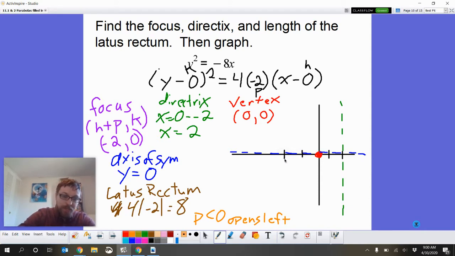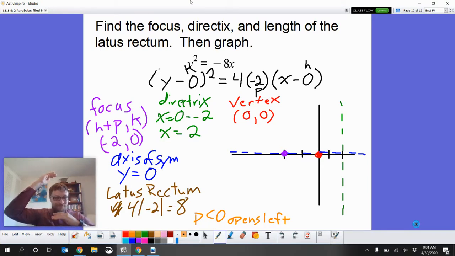And you don't have to do them in this order. This is just the order that I'm graphing them in. Doesn't super matter. Now, the length of our latus rectum is 8. And it should be equal. It's not that it's going to go up 8 and down 8. It's the full length of the latus rectum. The full length of the latus rectum is 8.